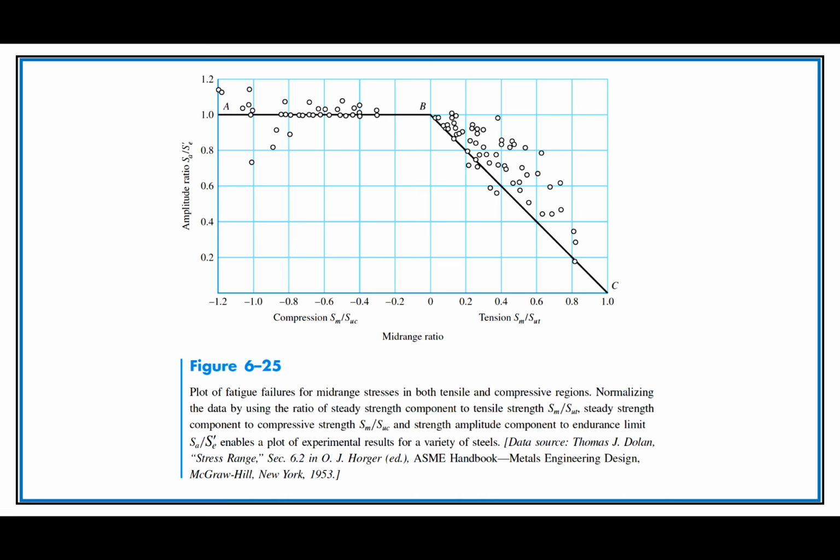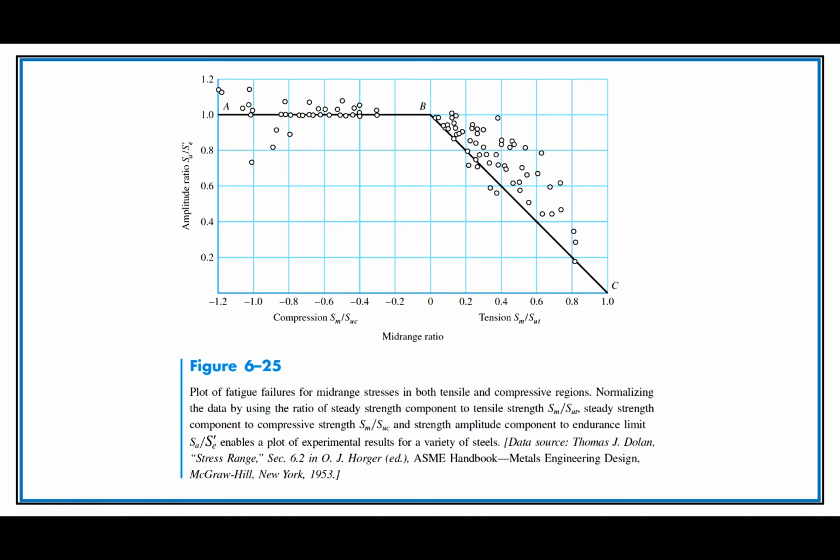So here's where we're going to start thinking of this alternating versus mid-range graph that we'll be using. Check out some data points that have been plotted, and notably to the left of 0 here for the mid-range, that means we're in compressive stress. We really don't have much effect. There isn't much difference between high and low compressive mid-range stress.